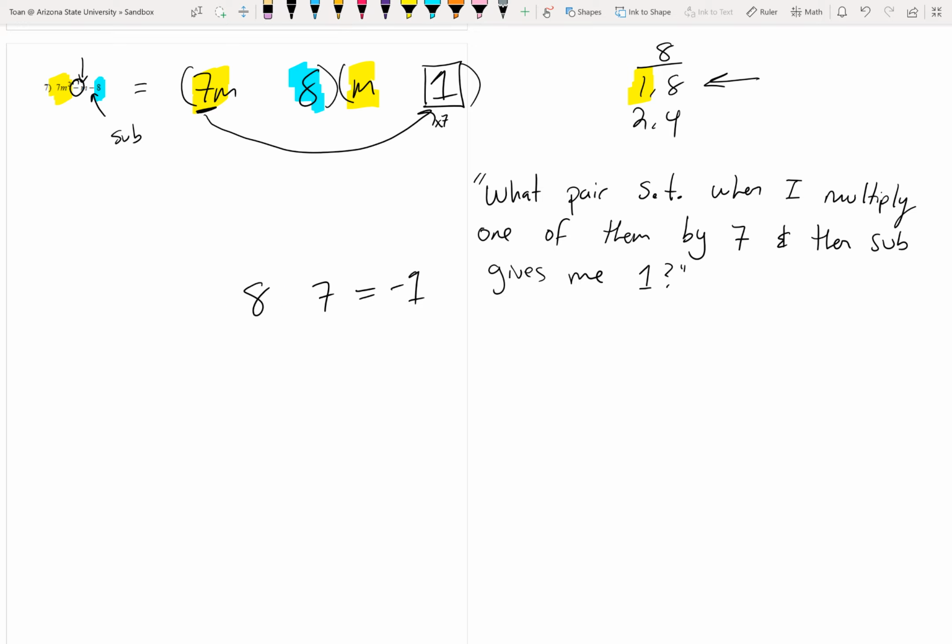Hopefully it doesn't take us long to realize that negative 8 plus 7 gives us a negative 1. So the 8 needs to be negative, and the 7, which came from the 1, is positive. Now let me just rewrite it all nice and clean. So all this work tells us that the original quadratic factorizes into 7m minus 8 times m plus 1. That is the factored form.